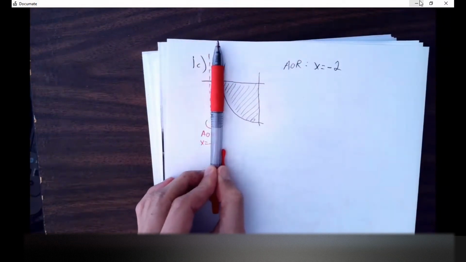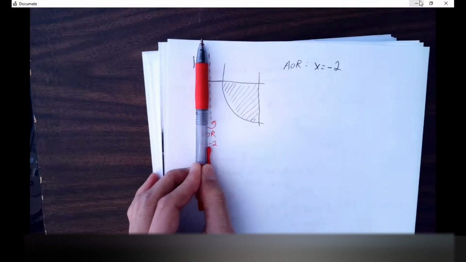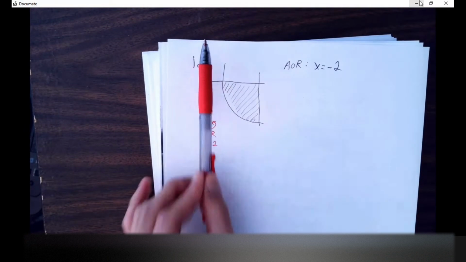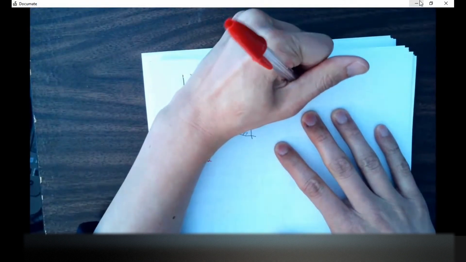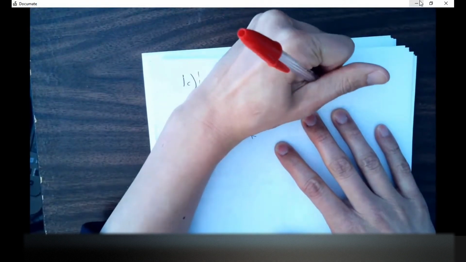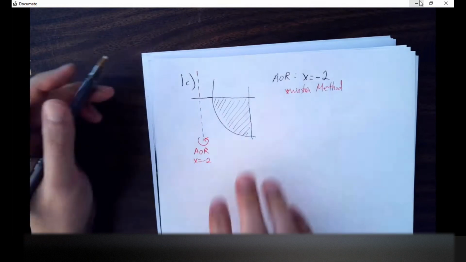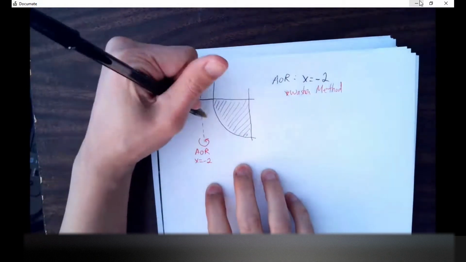But here it's more obvious. Definitely going to be washer method. Horizontal radius, 2 of them.